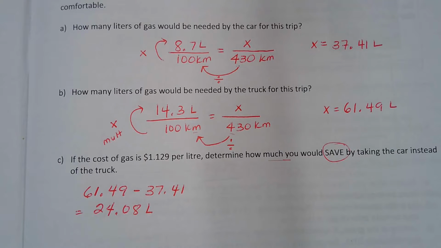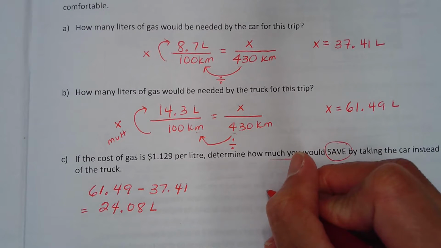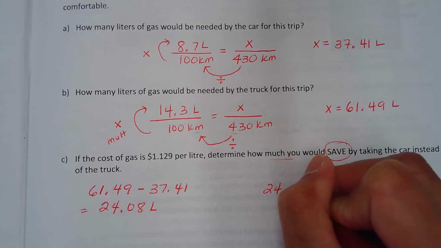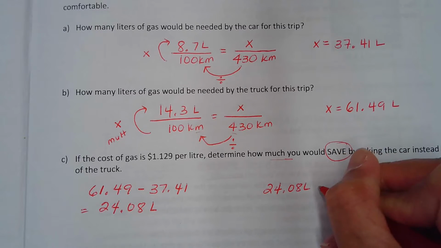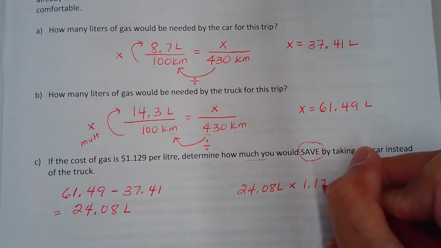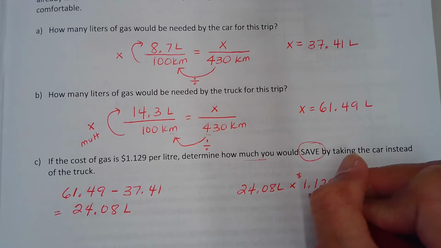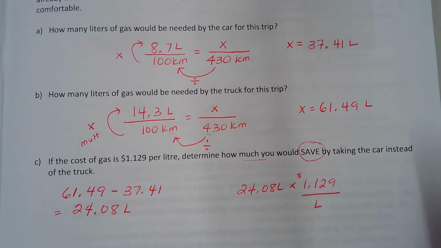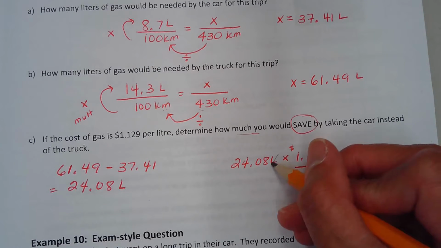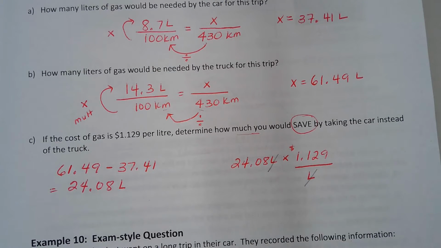Well, how much is that in dollars? So it's going to be 24.08 liters times $1.129 per liter. I think we talked about this yesterday. The word liter, those two units get canceled out.